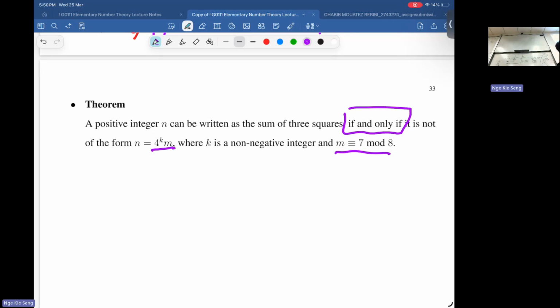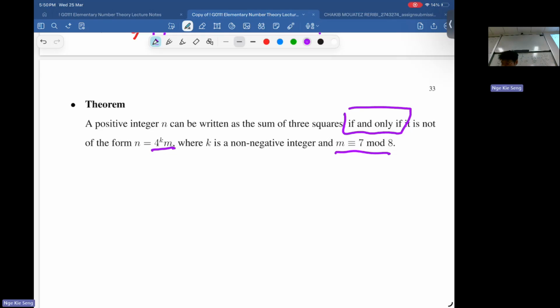The forward direction is easier, the backward is hard. Even your textbook doesn't present it. If it's not of this form, why can you write it as a sum? Or if you cannot write a sum, why does it have to look like this?